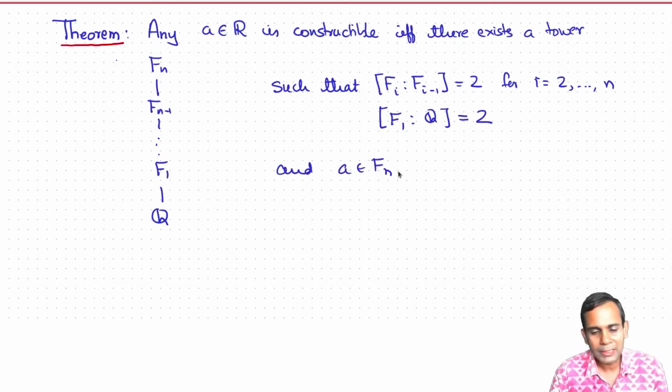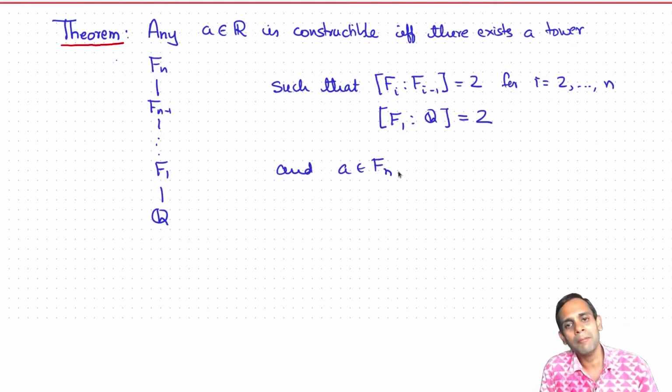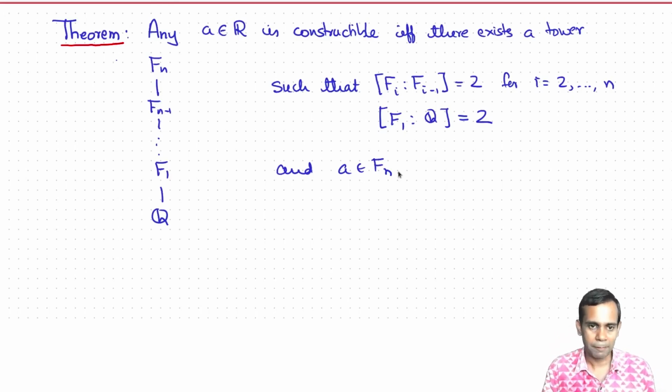So basically we're saying that constructible numbers are numbers that live in towers of quadratic extensions.